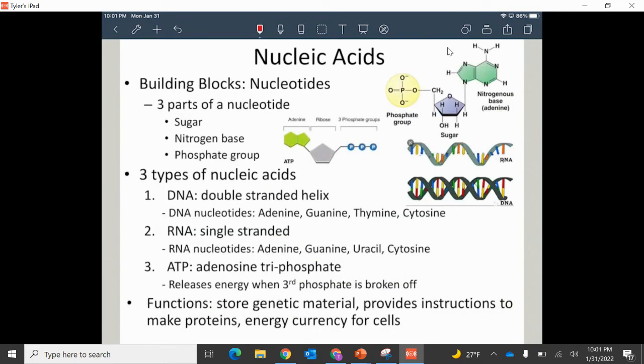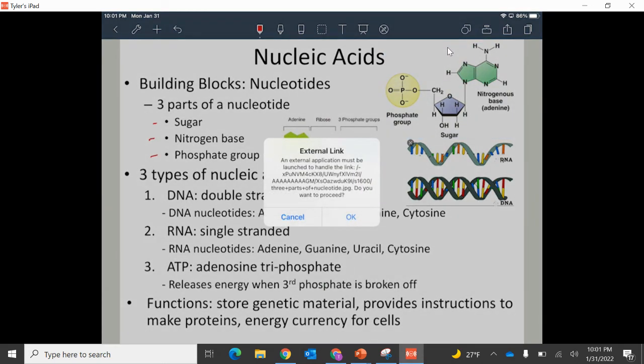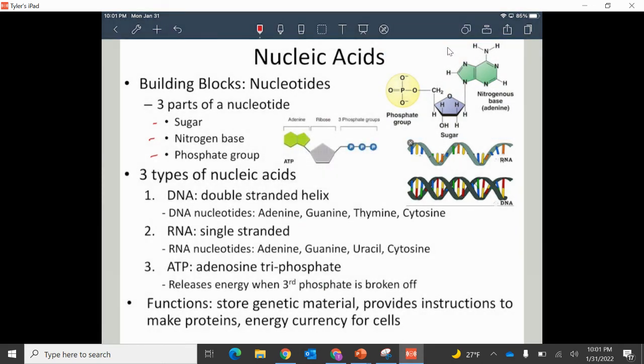Nucleic acids have 3 parts. They're made of these things called nucleotides, and the 3 parts of a nucleotide are a sugar, a nitrogen base, and a phosphate group. We had talked about CHONPS, and we can see all of that in play here. That's what DNA is made of, these nucleic acids: carbon, hydrogen, oxygen, nitrogen, phosphorus, and sulfur, just no sulfur here in DNA.